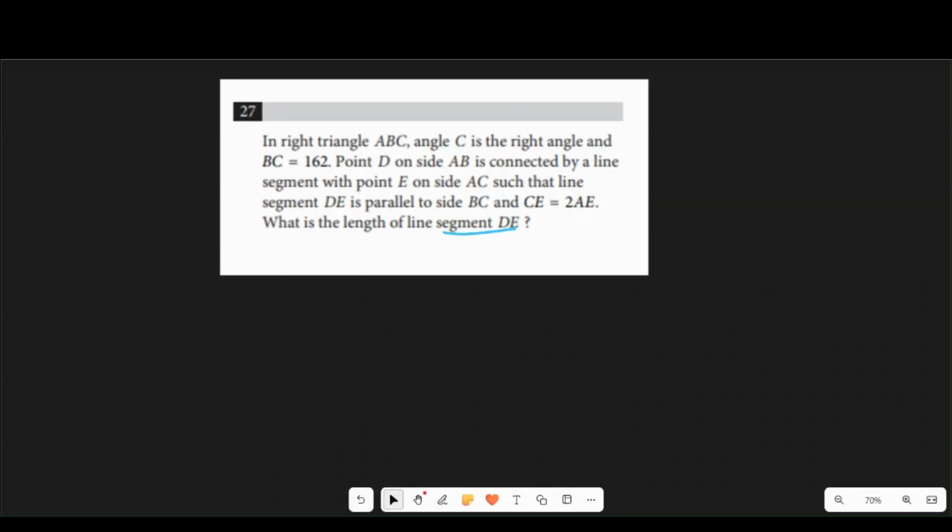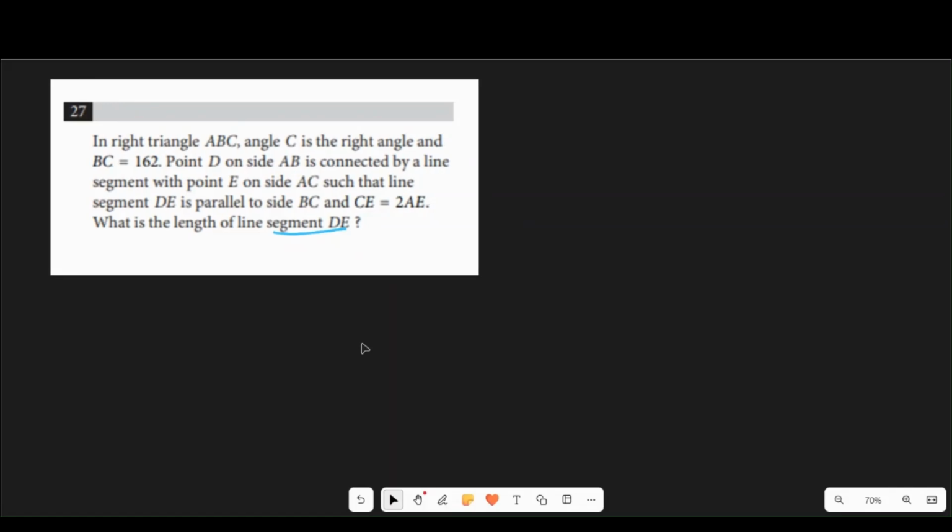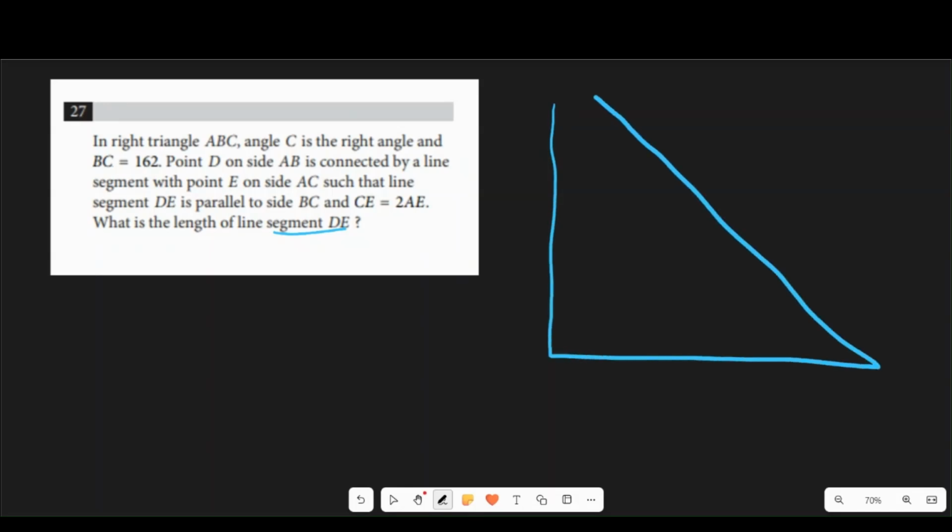So, anytime we have geometrical problems like this, or where you have to do stuff with triangles, it's usually best to start by drawing it all out, right? So we know we have some right triangle, which means the triangle has a right angle.